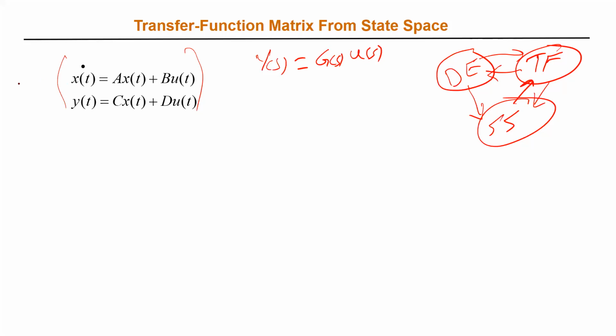So if you apply Laplace transform for the first equation, what do I get? You get s x of s minus x of 0, the initial condition, equal to A x of s plus B U of s.